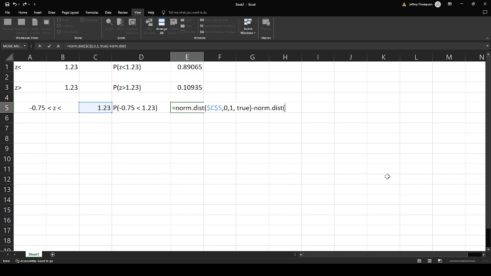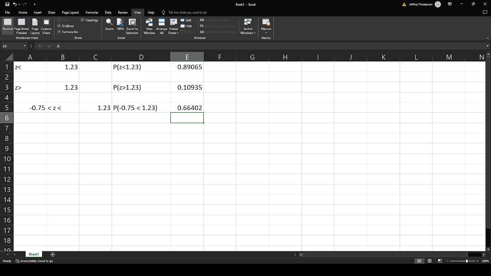And so I put that in A5. See how it highlights A5, the negative 0.75. It still has a mean of 0 and a standard deviation of 1, and the cumulative is true. And so Excel will calculate the area in between these two z-scores for us here.